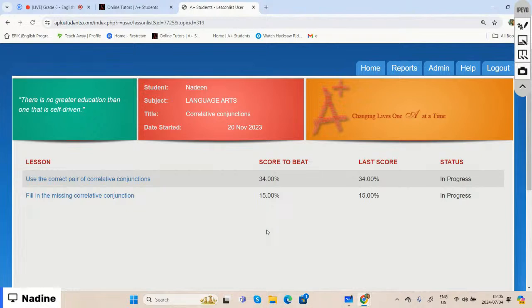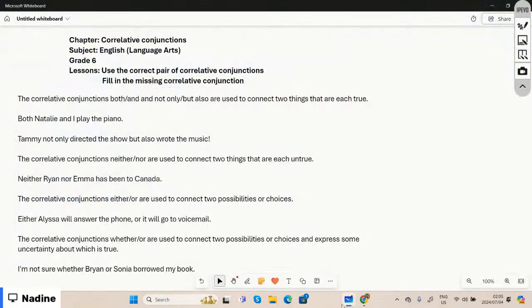All right, so our chapter is correlative conjunctions, our subject is English language arts, grade 6.